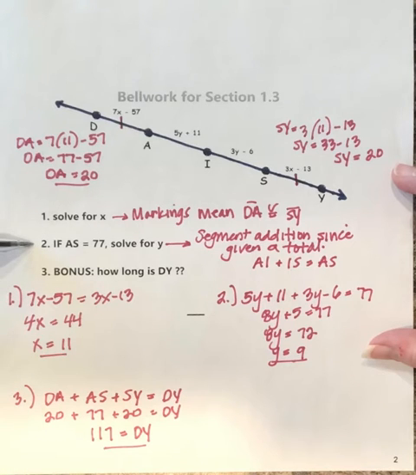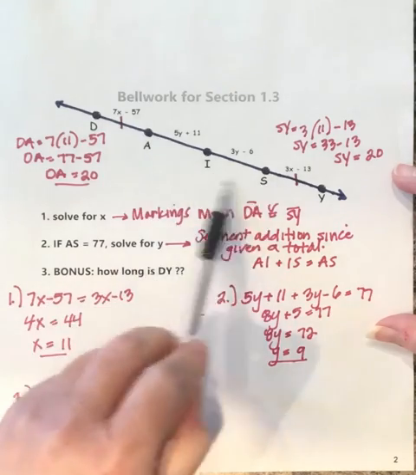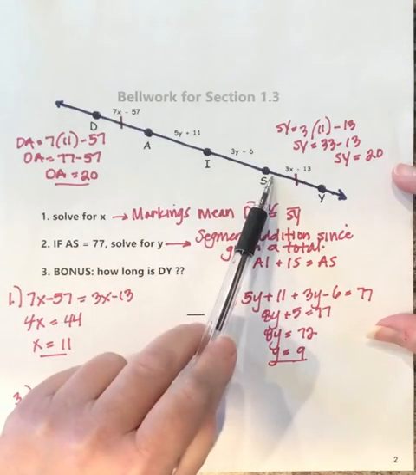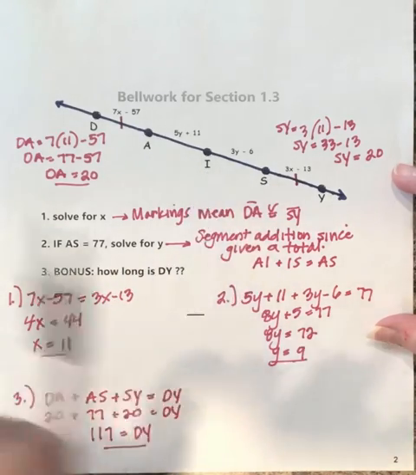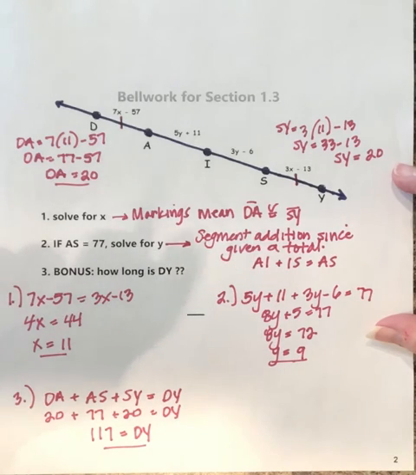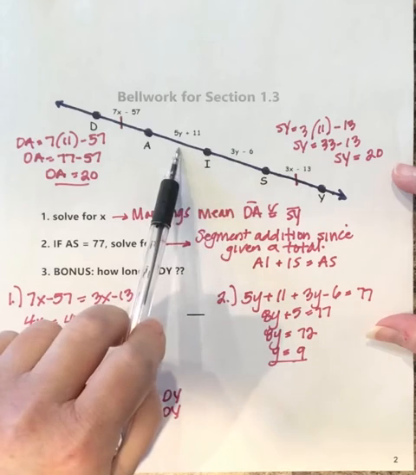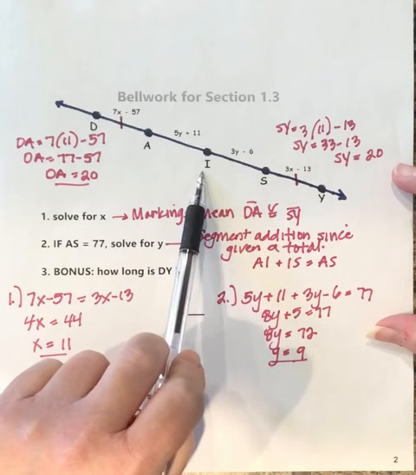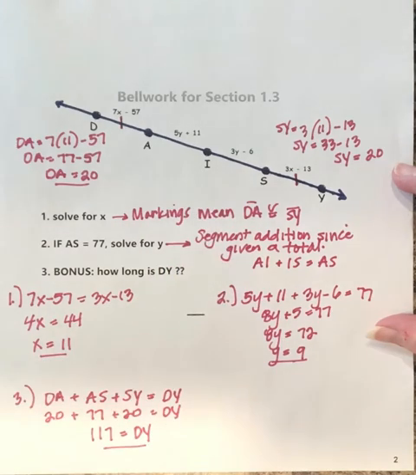Now on to number 2, AS equals 77. Well, I know that AS is 77. Again, even though I looks like it's in the middle, I wasn't given that I is a midpoint and I was not given any markings. So no matter how much it looks like I is in the middle, I can't approach the problem as though I is the midpoint.